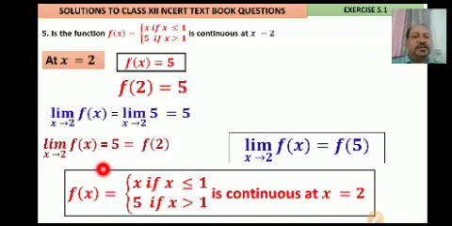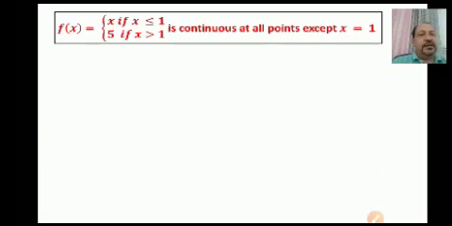So we see that f of x is continuous at x equal to 2. f of x is continuous at all points except x equal to 1, since at x equal to 1, the left hand limit and the right hand limit were not equal to each other, so the limit at that point was not defined.